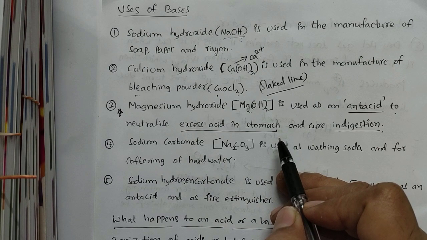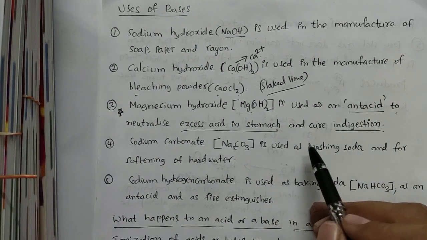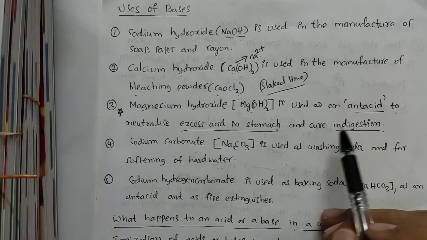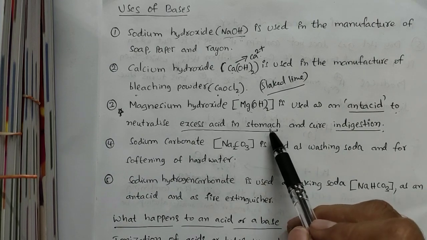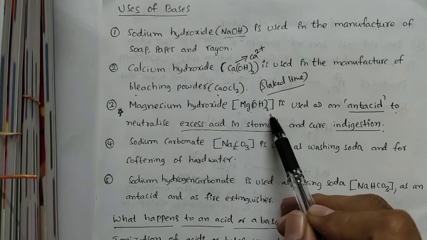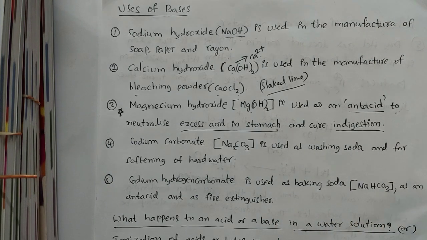Some people have reflux in the stomach after heavy meals, and in such cases an antacid tablet is suggested. That antacid tablet generally consists of magnesium hydroxide. So this is also used to cure indigestion.